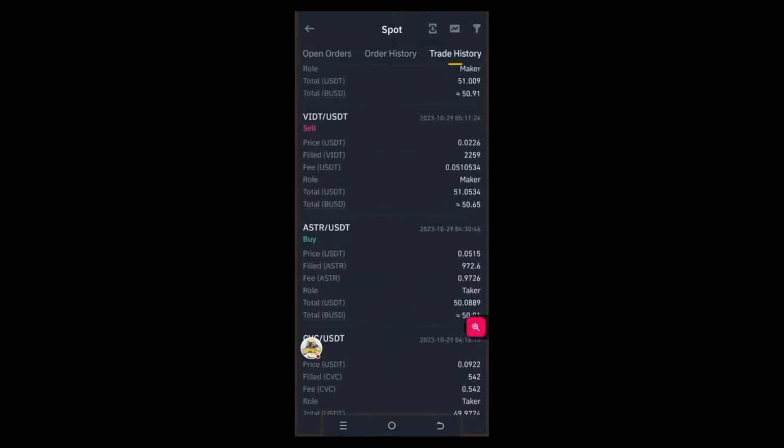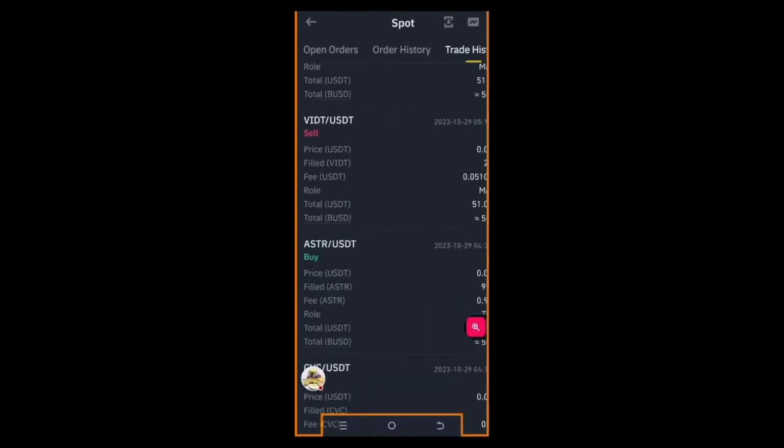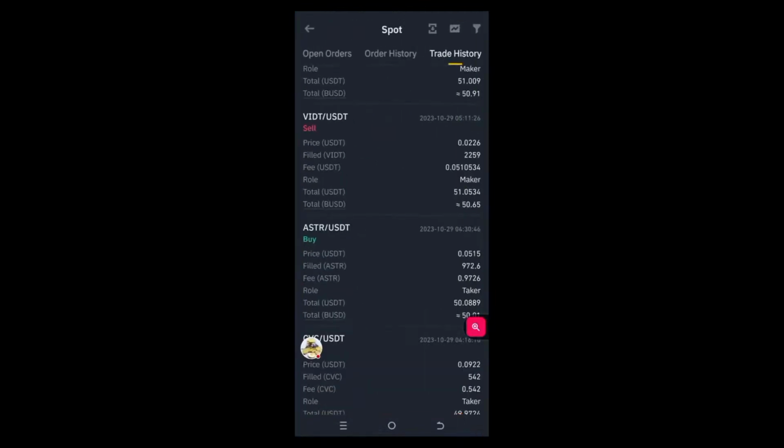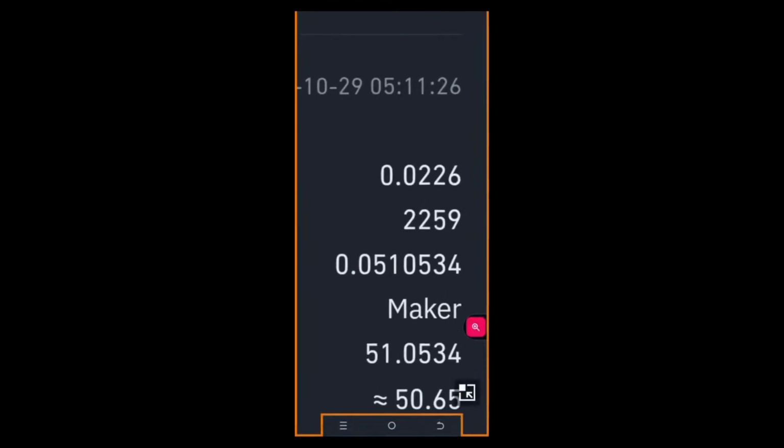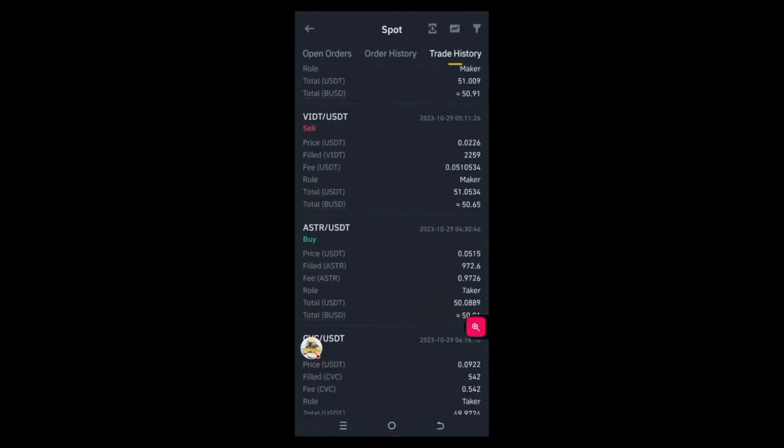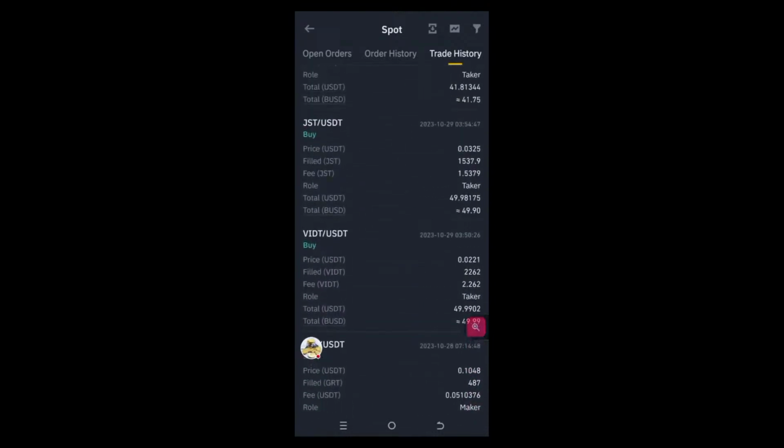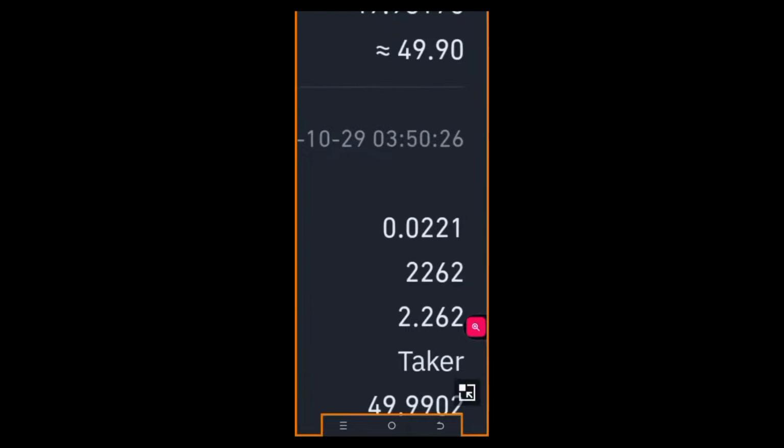Okay, so this is VIDT. We actually bought it at 221. Let me check so that I can be very sure. Look at it here, we bought it here at 221.